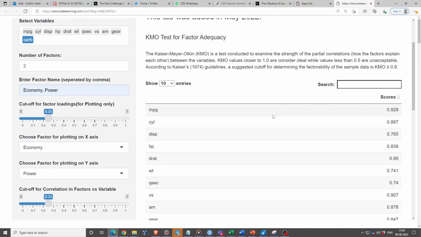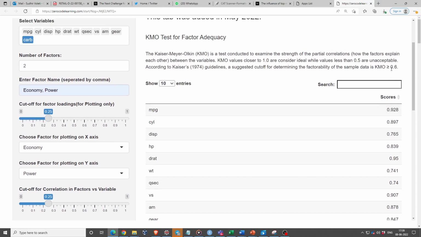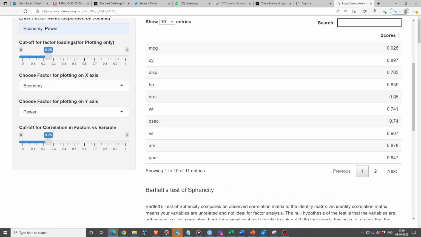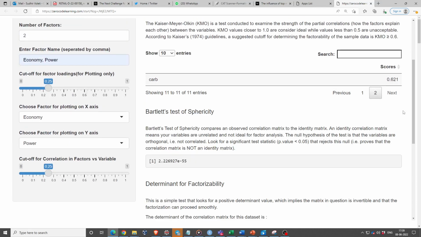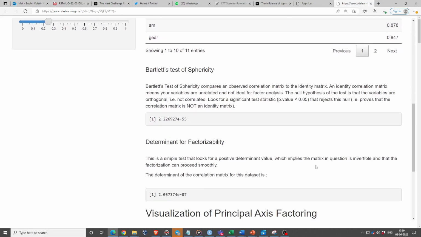For each variable, we get a KMO score. If the score is greater than 0.6, then we are fine. If it's less than 0.6, then we might want to consider dropping those variables. Here all the variables are fine; they are all greater than 0.6.